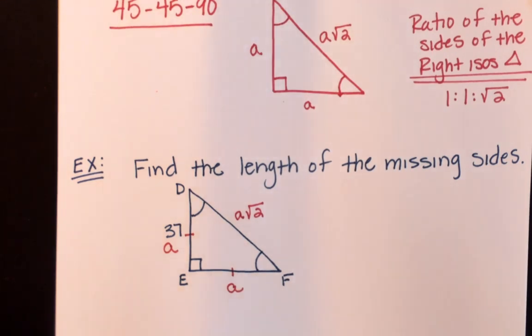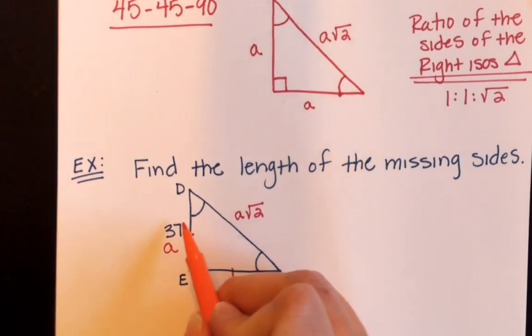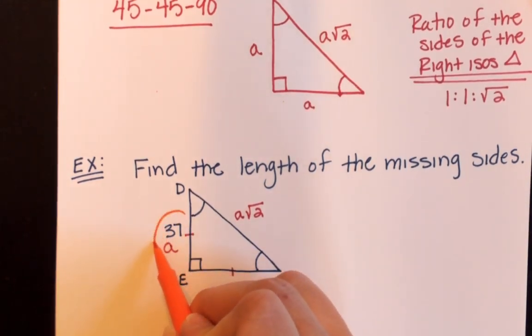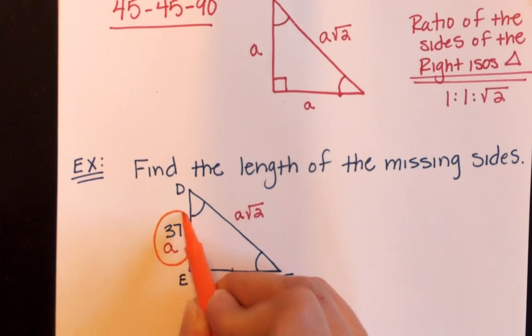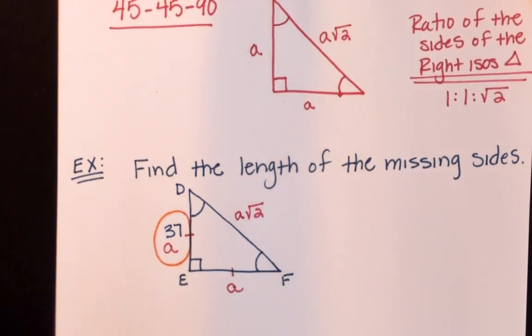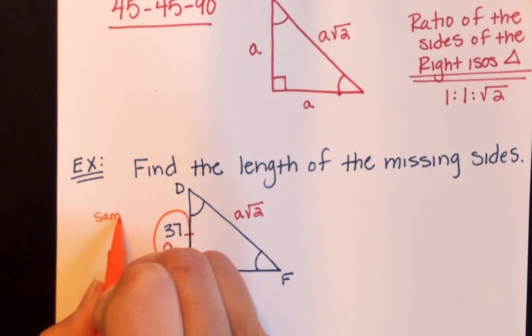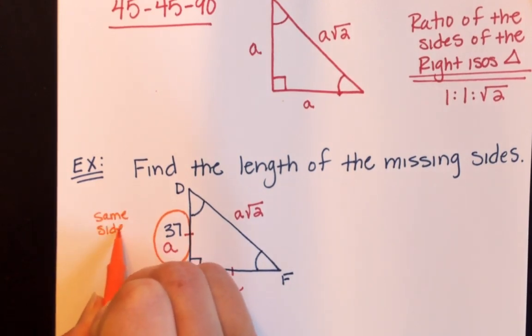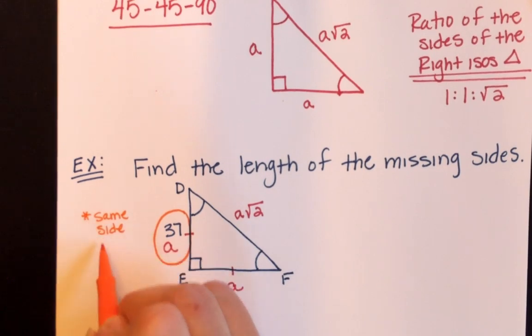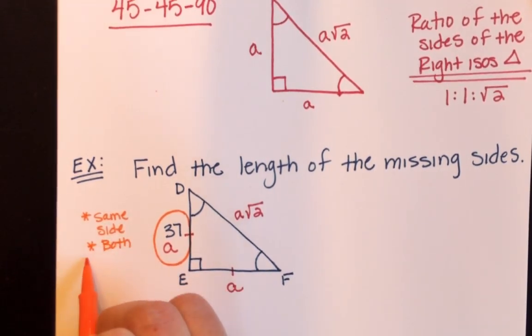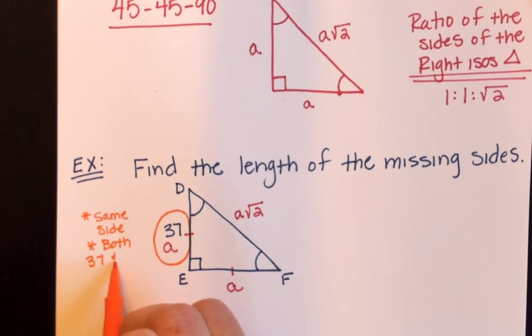The second thing that I want to look at is on this side, I have the formula I wrote and a number that they gave me. It's the same side. Both 37 and A describe the side?